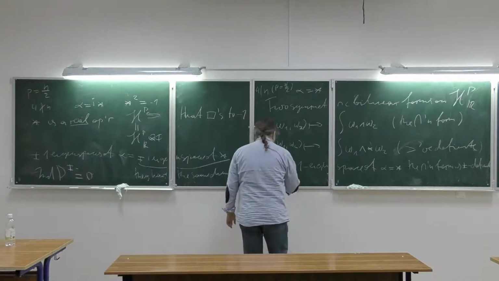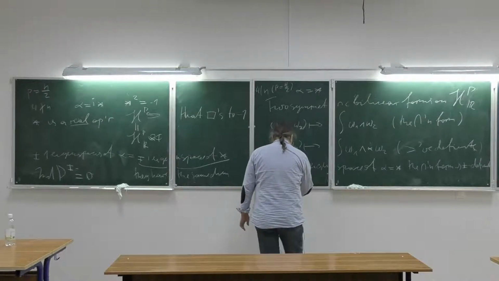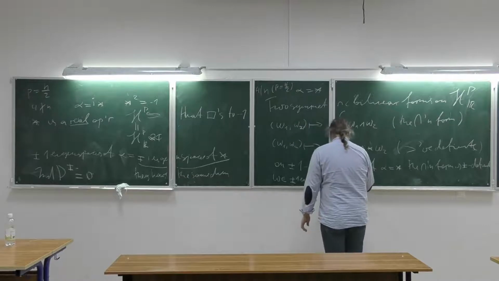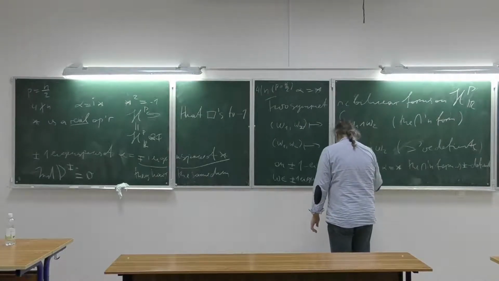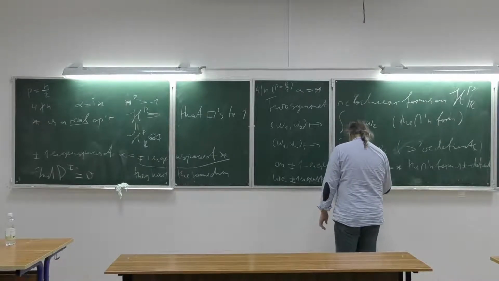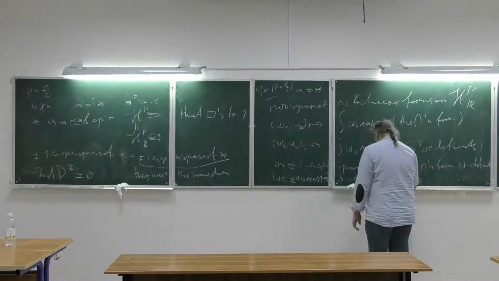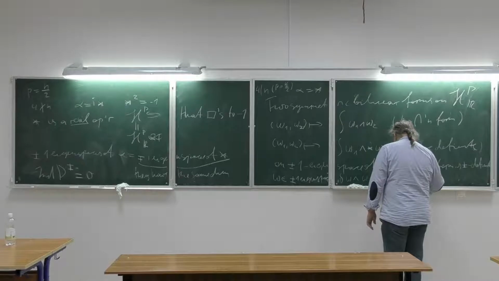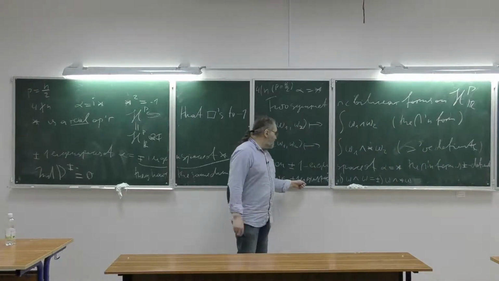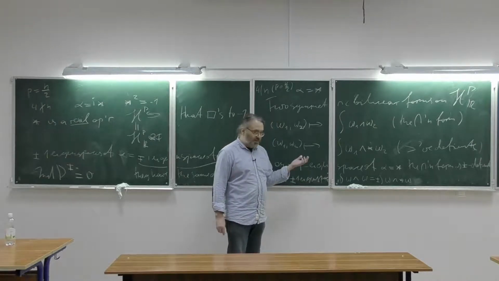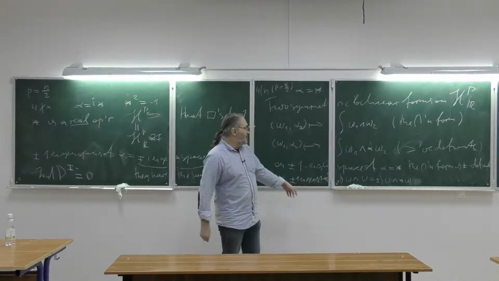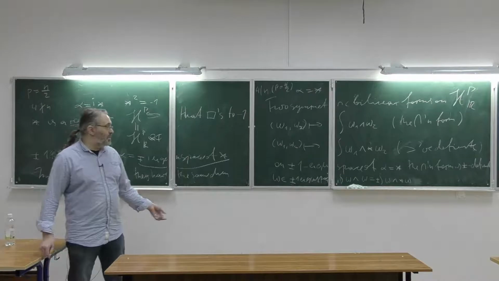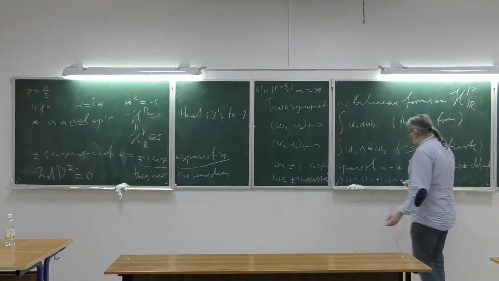Okay, so example. If I have omega inside the plus or minus one eigenspace of star or of alpha, which is the same, then the integral of omega wedge omega is the same as plus or minus the integral of omega wedge star omega.